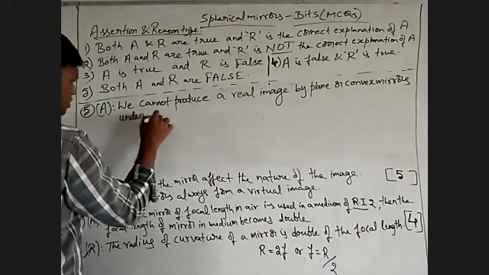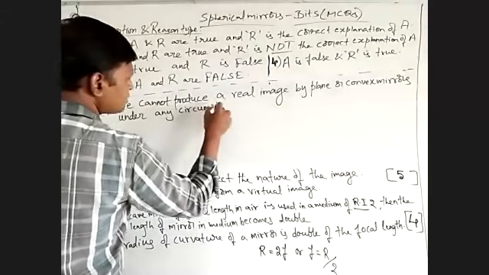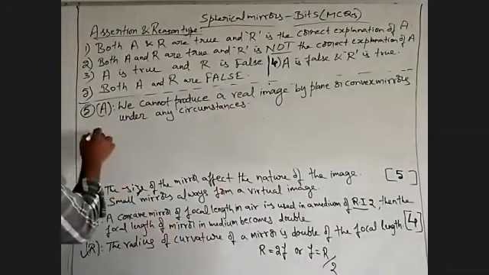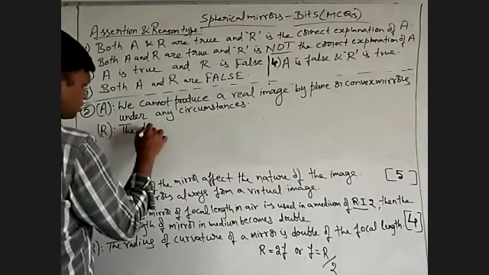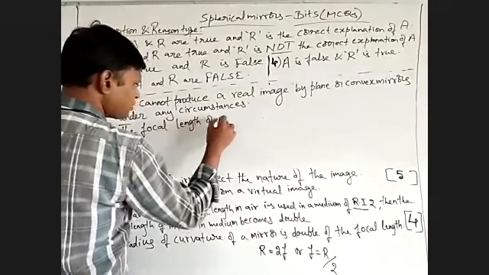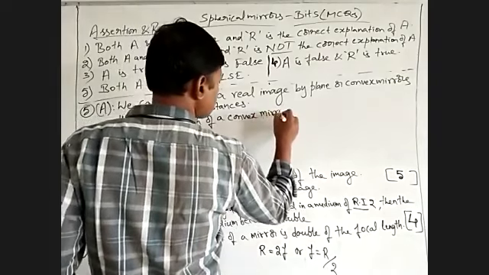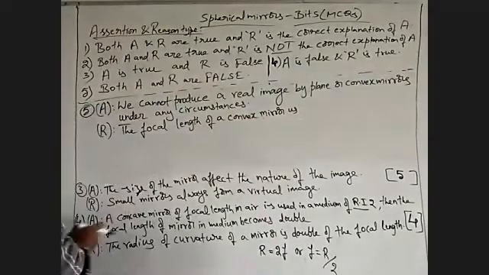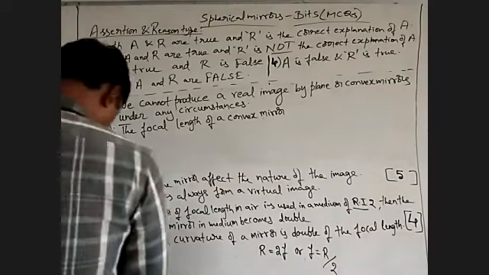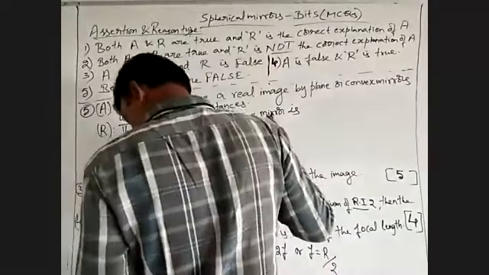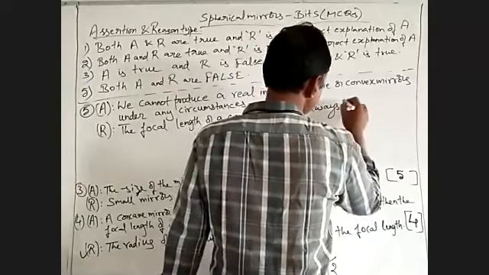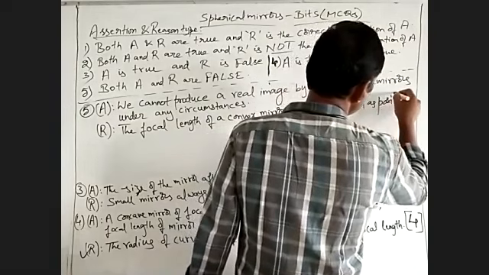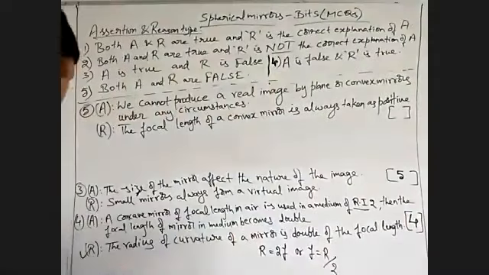Reason: The focal length of a convex mirror is always taken as positive. This is one question we have.